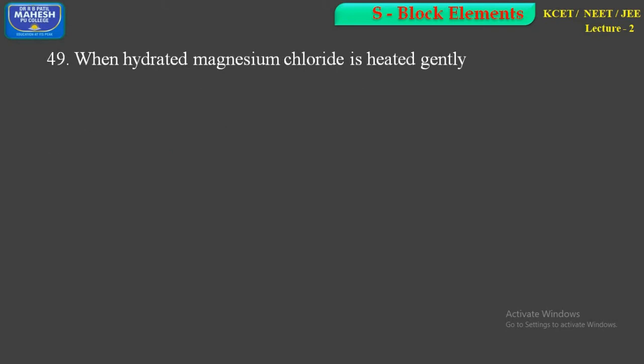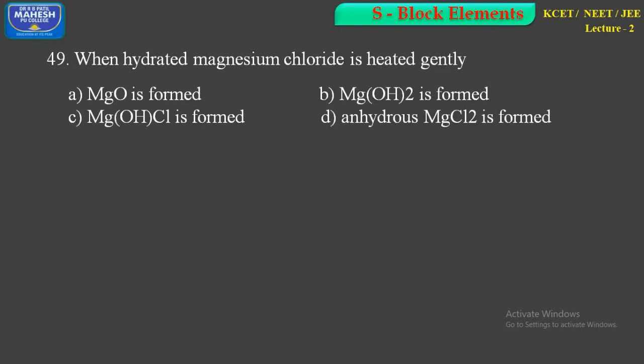Question 49. When hydrated magnesium chloride is heated gently: option A, magnesium oxide is formed. Option B, magnesium hydroxide is formed. Option C, magnesium hydroxychloride is formed. And option D, anhydrous magnesium chloride is formed.